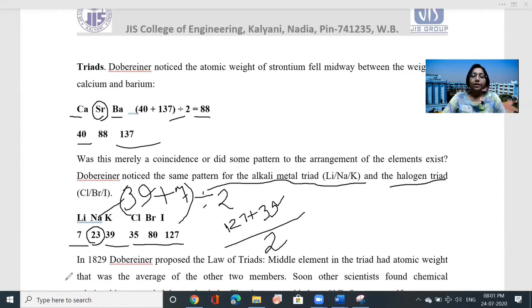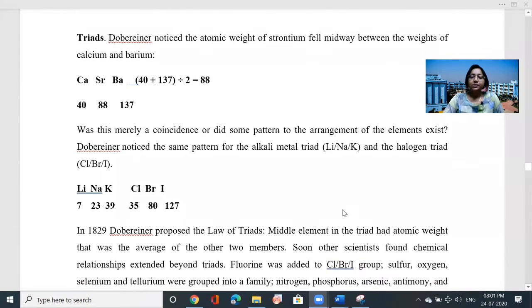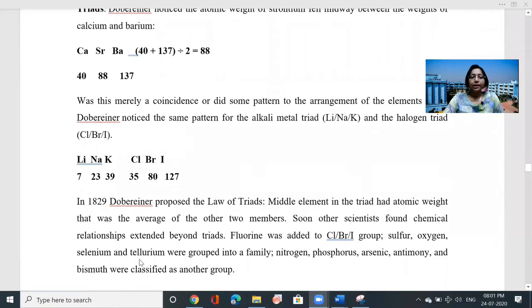In 1829, Döbereiner proposed the law of triads. The middle element in the triad had an atomic weight that was the average of the other two elements. Soon, other scientists found that chemical relationships extended beyond triads.